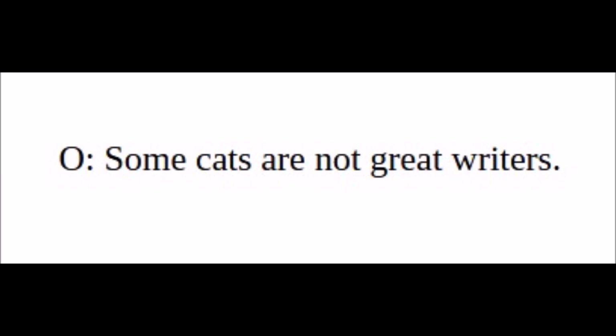Now for the O-type, some cats are not great writers. Once again, the quantifier indicates an undistributed subject term. Here with the predicate term, distribution gets tricky to understand at first glance. It is distributed, because it asserts that no great writers are included among this some cats, and if it was, the proposition would be false.